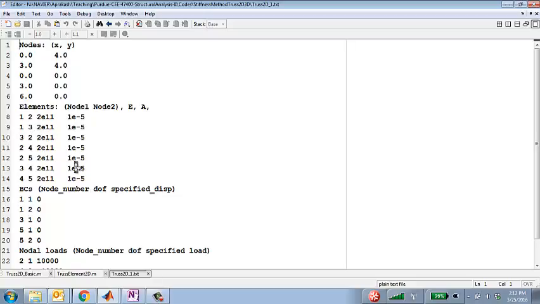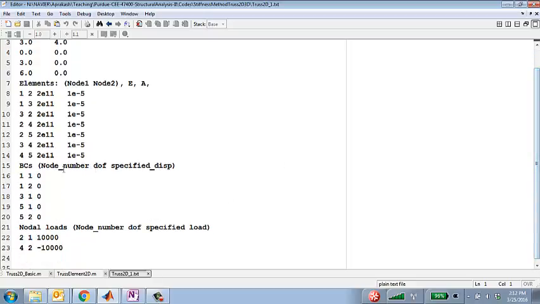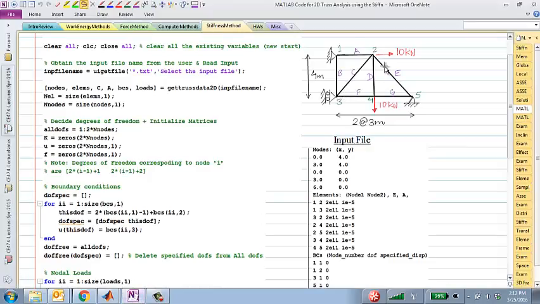I'll talk about that in a bit. The other things are extremely similar to your current MATLAB version of the code, with boundary conditions, the supports at 1, 3, and 5, and the loads at nodes 2 and 4. That's all that this input file is describing, and hopefully you all can see that that's this truss.